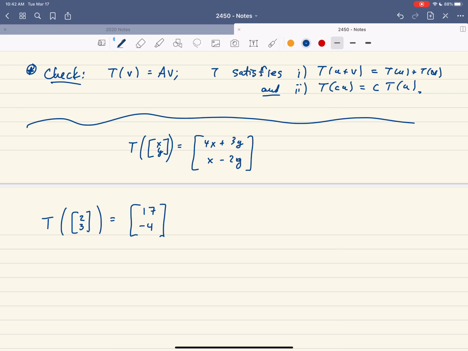So the image of (2, 3) is the vector (17, -4). That's one way to do it, perfectly straightforward.